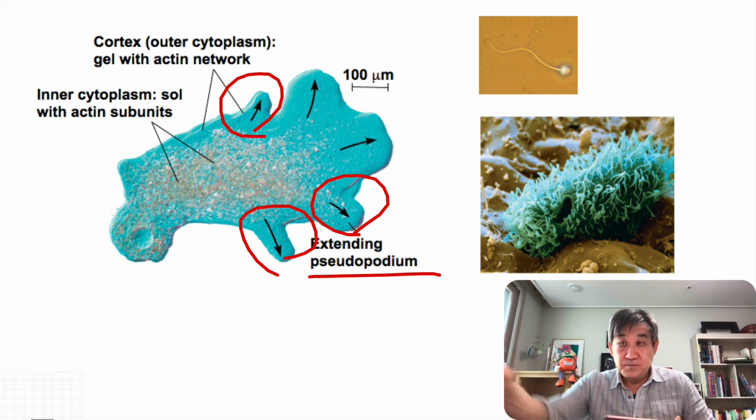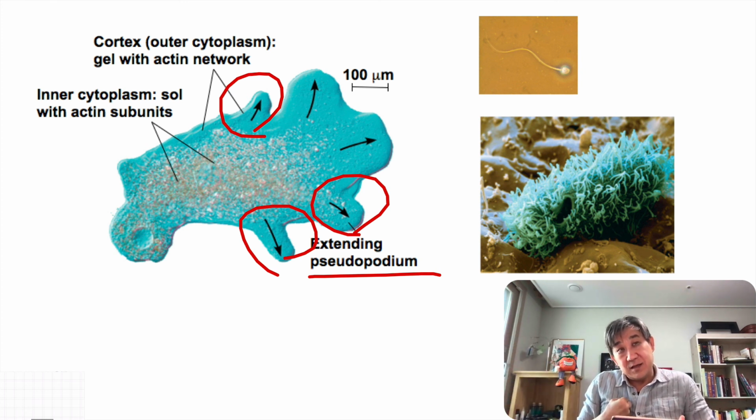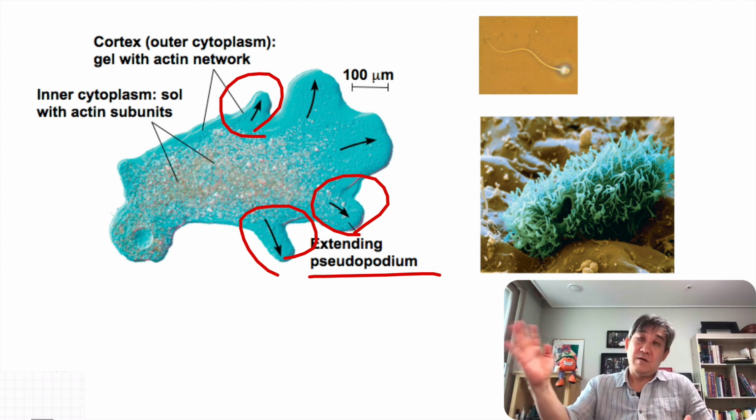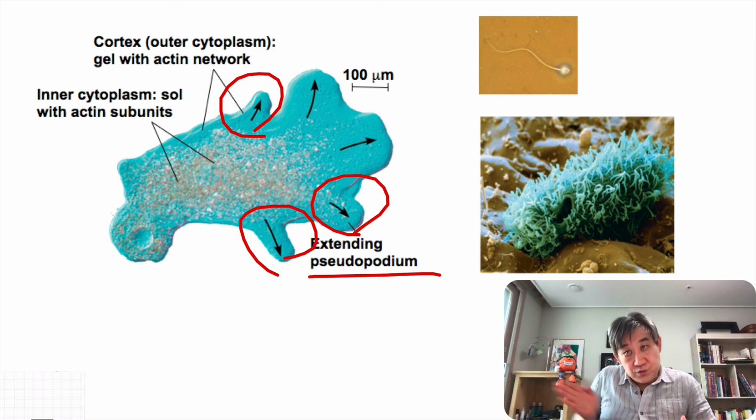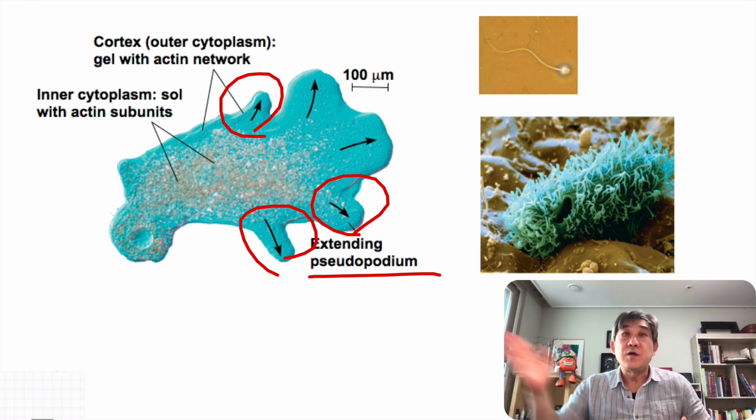That's how you extend your surface, capture some prey, and internalize it. And those are all provided by rapid synthesis of internal actin microfilament and then rapid degradation of the built microfilament. That's how you accomplish extension and withdrawal of a particular surface.